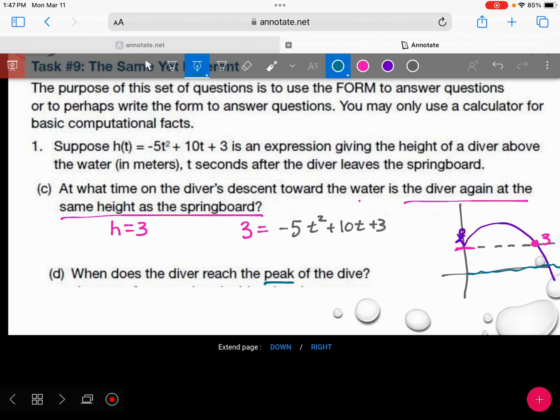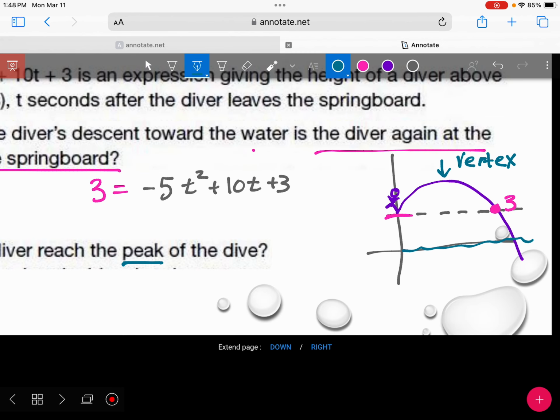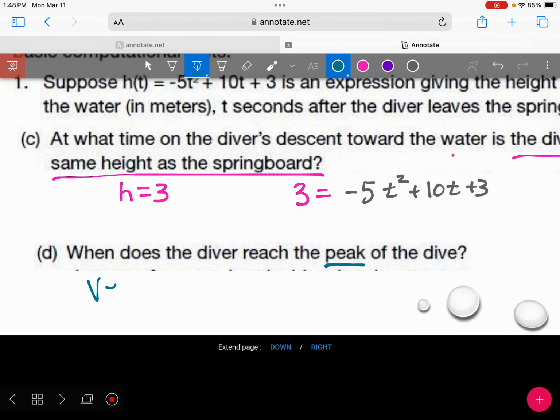The vertex. That's the peak of the dive. How can I find that out? If we could have it in vertex form, we would love to have the vertex there. What if I don't have the vertex?